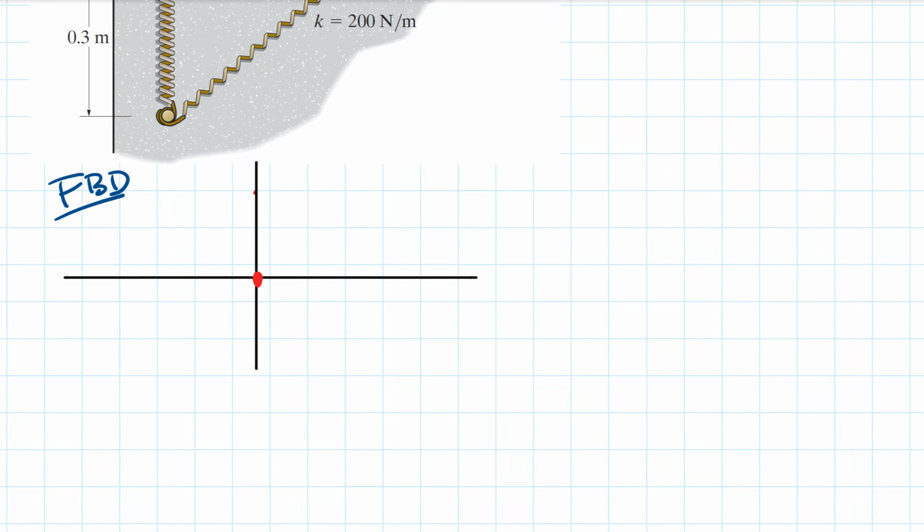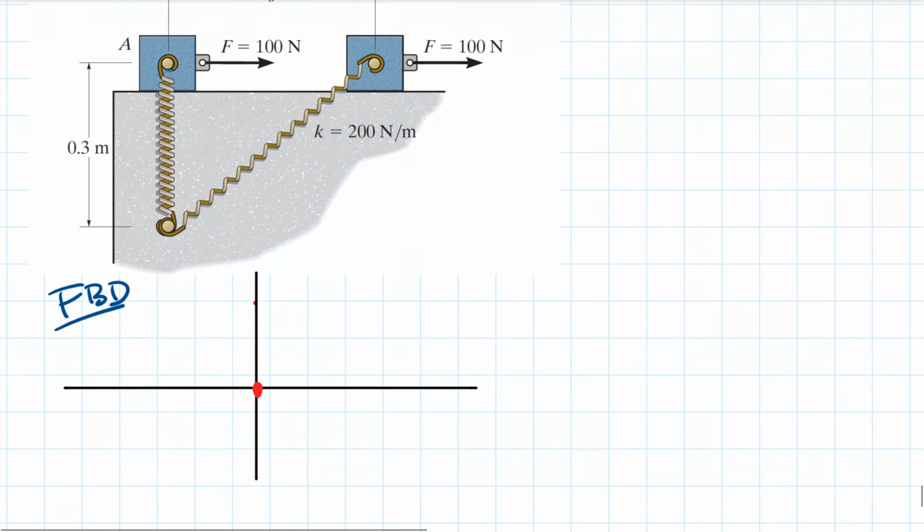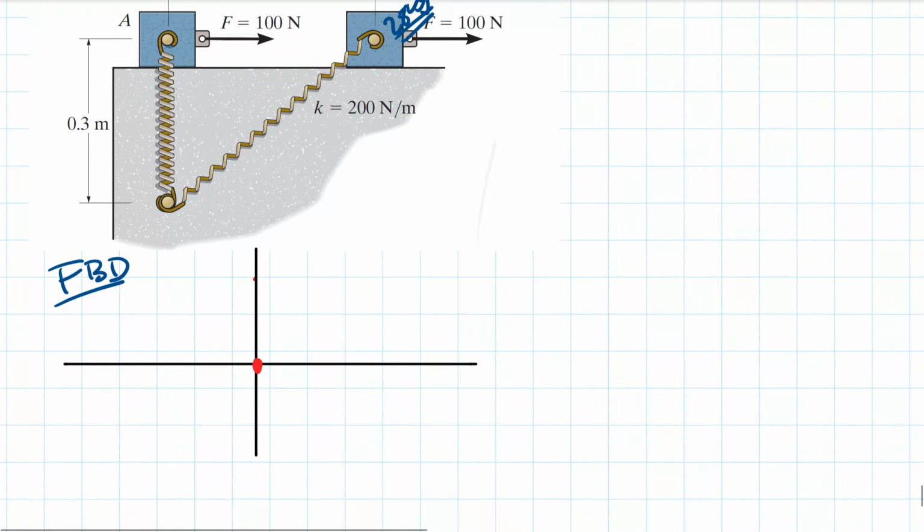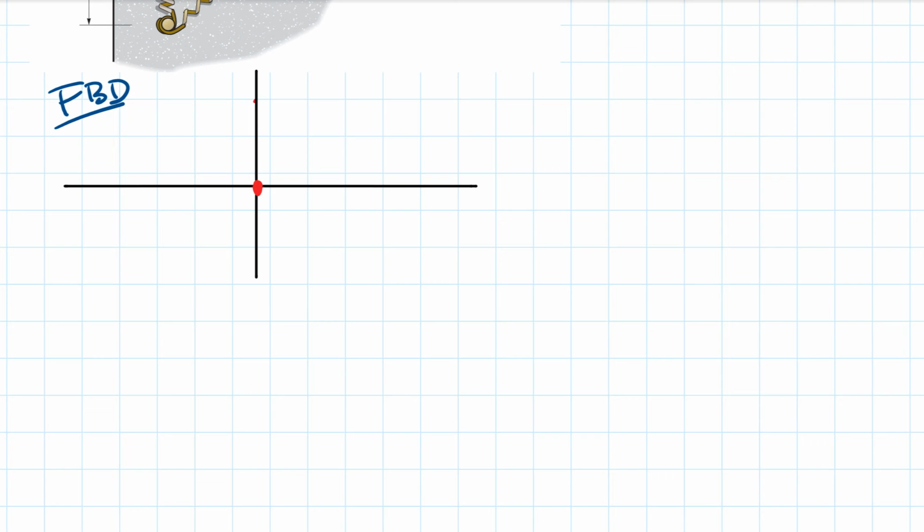All right, so now we will draw the free body diagram of the 25 kilogram block. It's 25, right? Yes, 25. So the first force we have in here is our 100 Newton force. And here we have the force due to the spring. We can break this into a vertical component and a horizontal component, and we say this is the force of the spring. And we can use this angle right here.